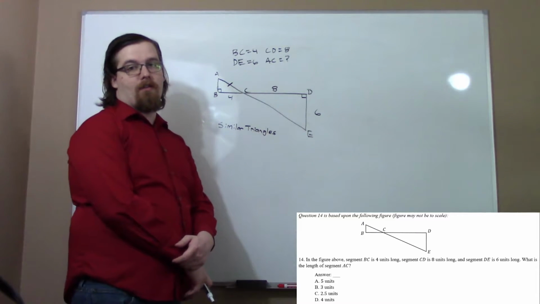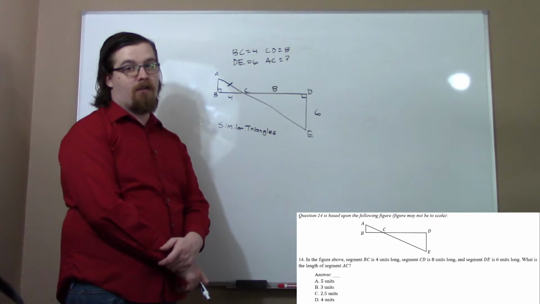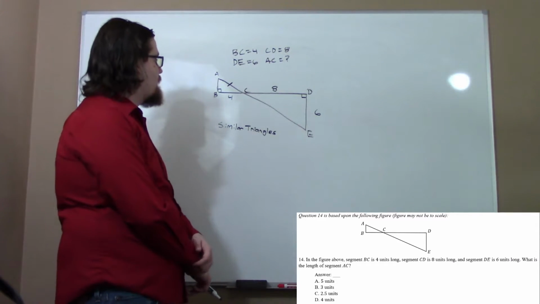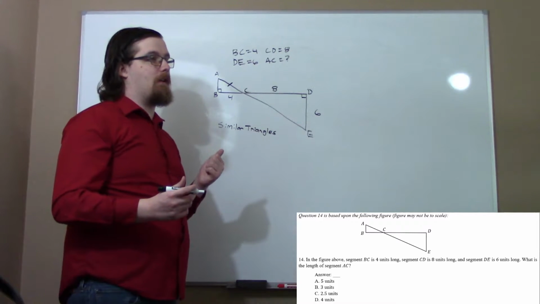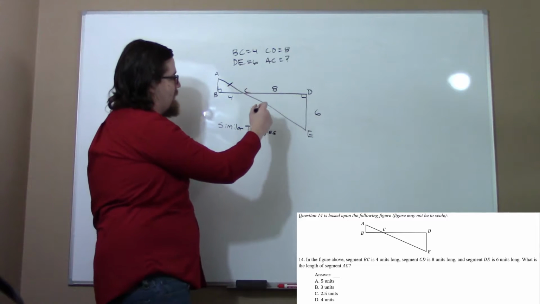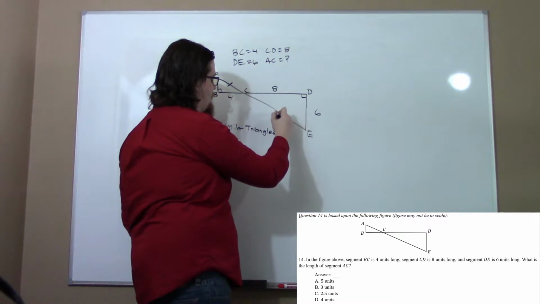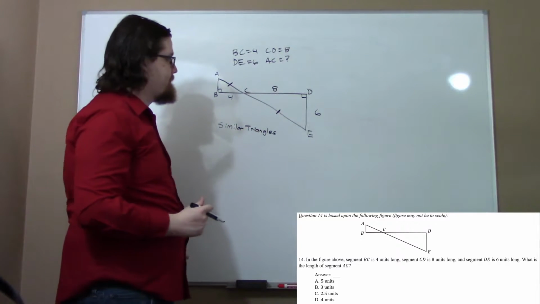First, since these are similar triangles and their side lengths must be related by some ratio, we want to consider the sides that correspond. So AC corresponds to CE because they are on the same line.